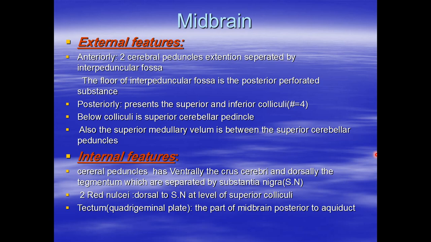Also, we have two red nuclei, dorsal to the substantia nigra at the level of the superior colliculus. When you see the superior colliculus, you look for the substantia nigra. Dorsal to it are two red nuclei, and the tectum, which is the quadrigeminal plate, the plate that is dorsal to the sylvian aqueduct.